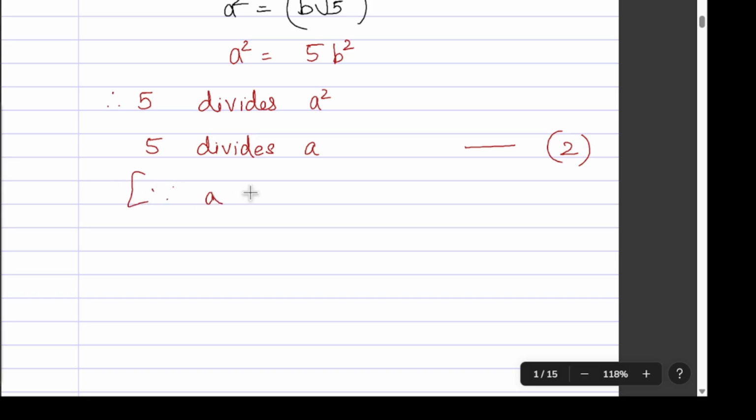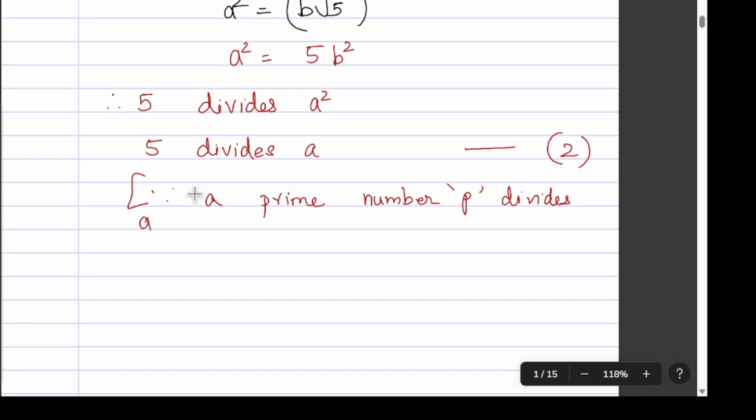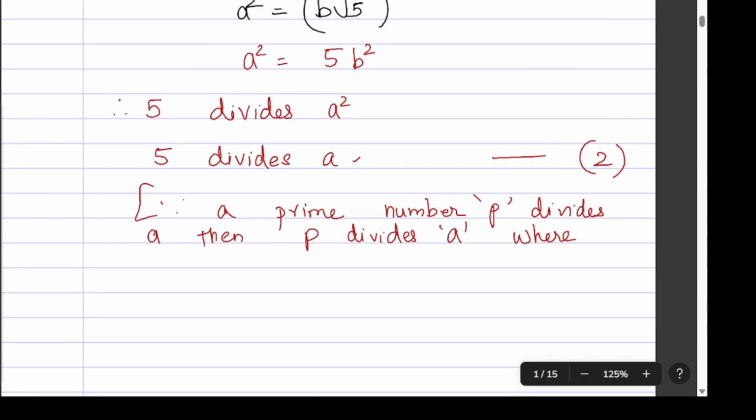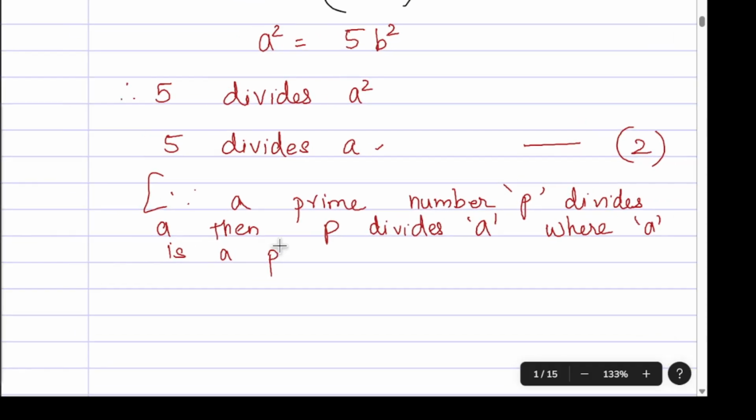Why? Because if a prime number p divides a square, then p divides a, where a is a positive integer.